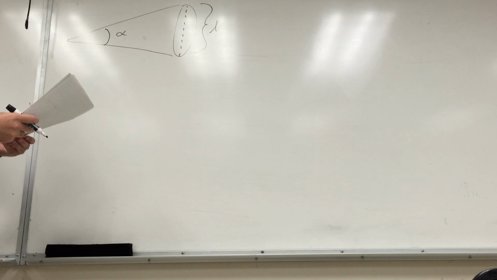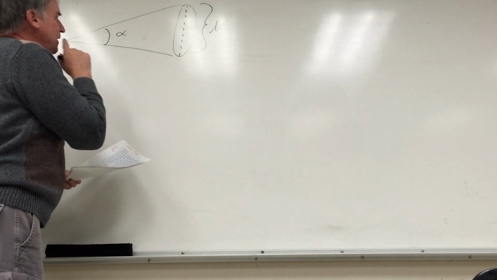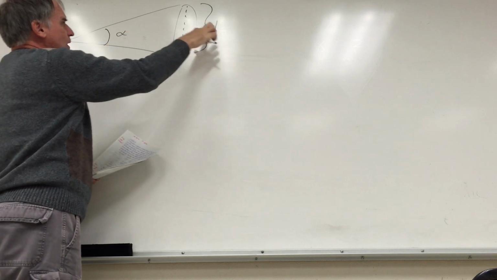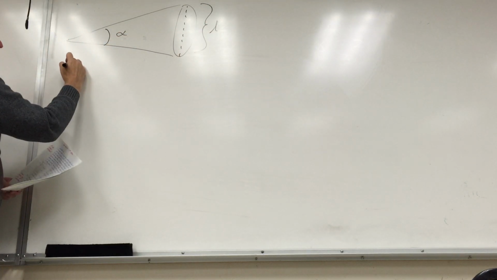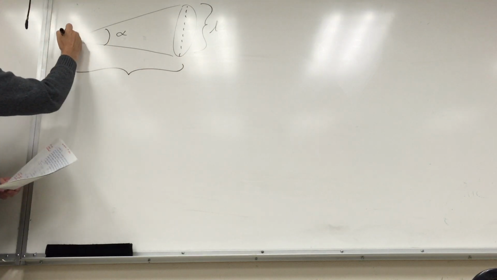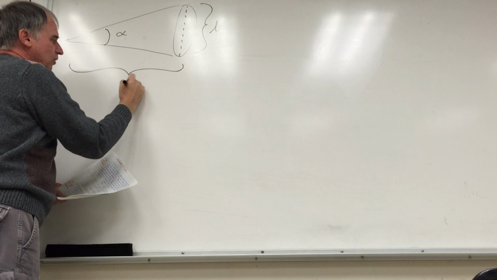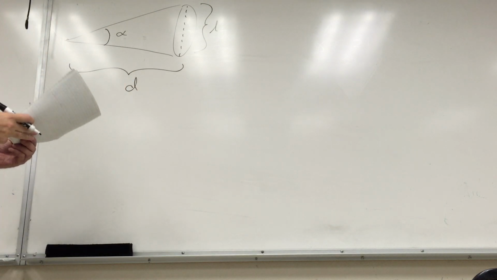But alpha was used. The idea is that these two numbers are related by a third, which is the distance from where you're viewing this object to where the object is. We call that distance d.